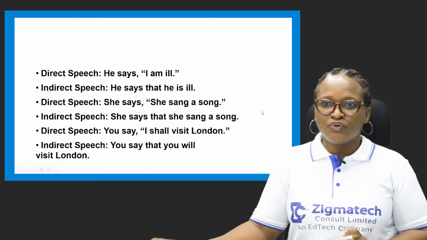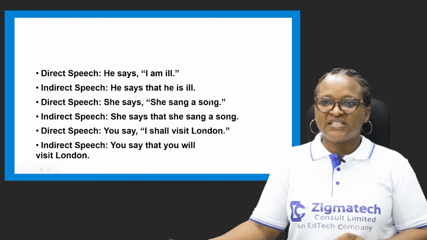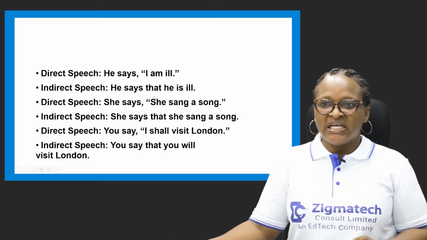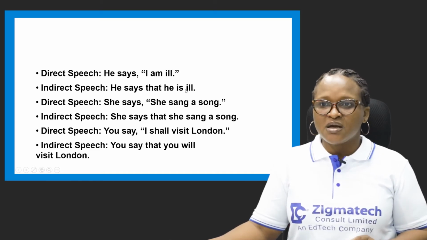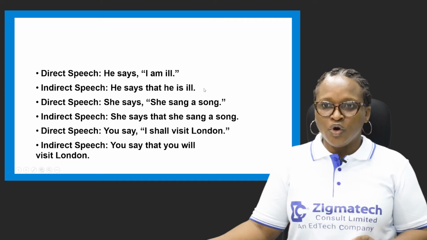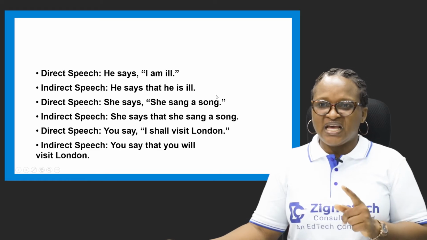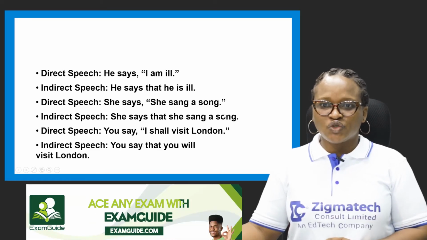Now, let's look at this example. Direct speech: he says, I am ill. Now the indirect says what? He says that he is ill. The second one, he says, she sang a song. She says that she sang a song.